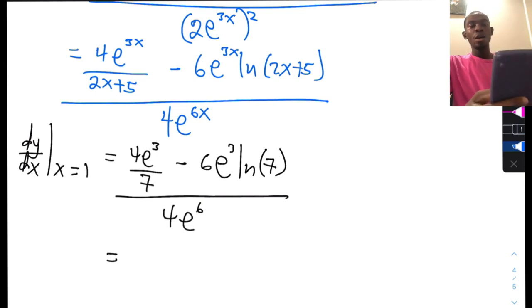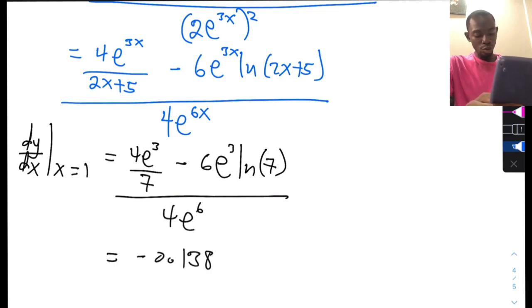According to the calculator, I should get negative 0.138. So that is the derivative.